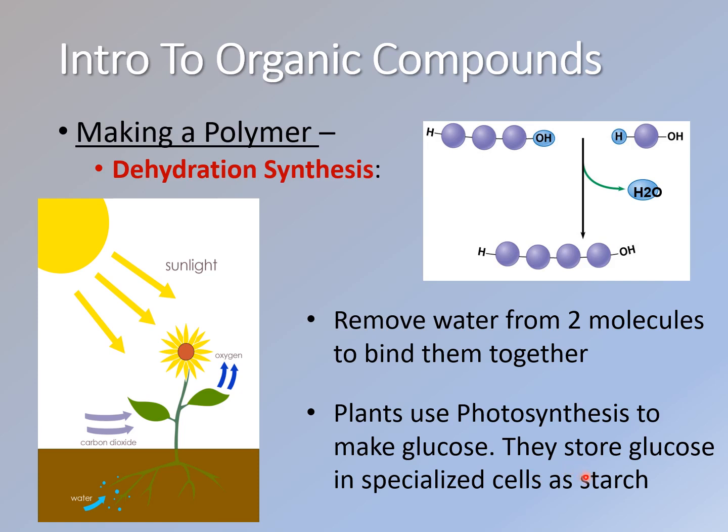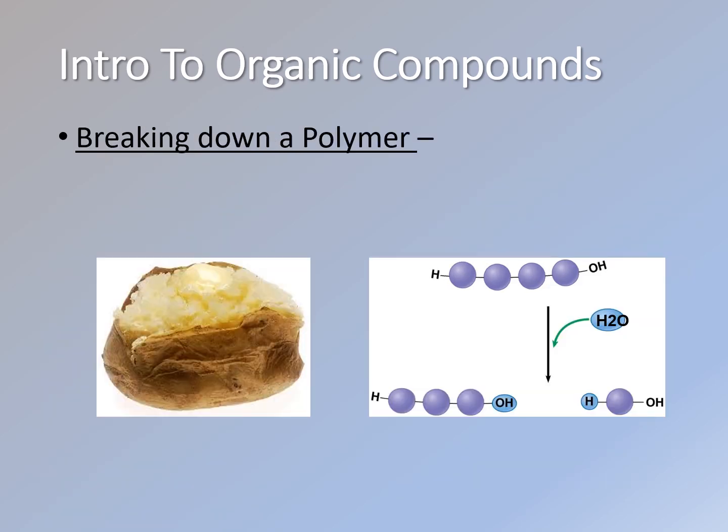For example, in the environment, plants are able to use photosynthesis to make glucose. Then they can store glucose in some specialized cells as starch. So essentially they are creating starch out of those glucose molecules by removing the water, through dehydration synthesis. Okay.